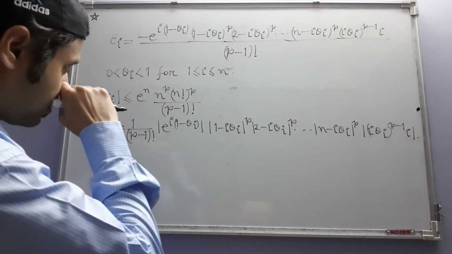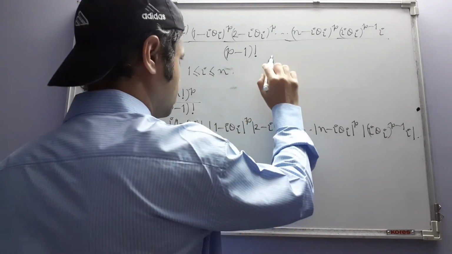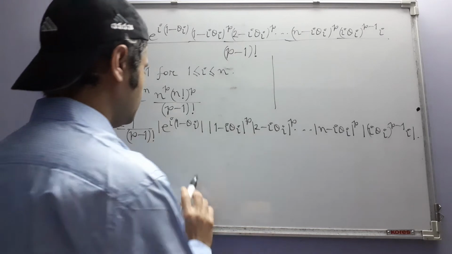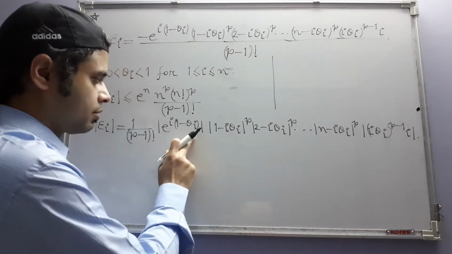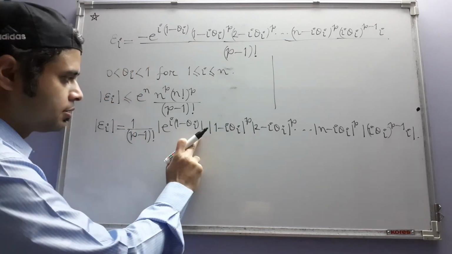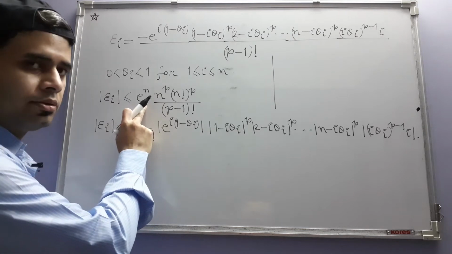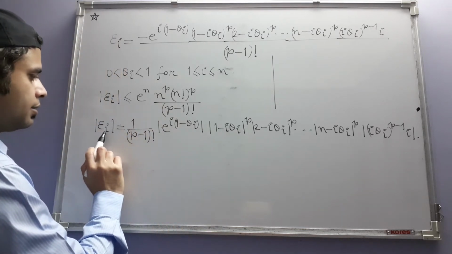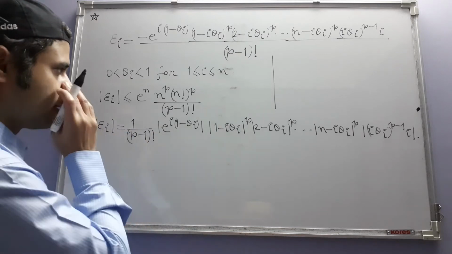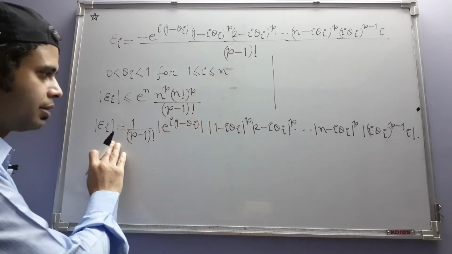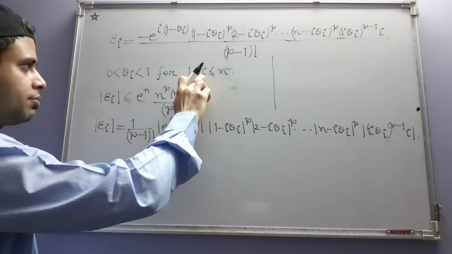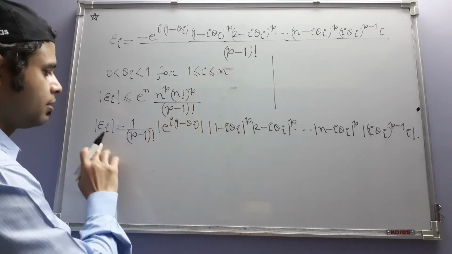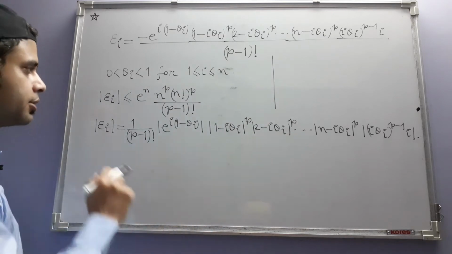Okay, now let us do some small calculations here. Let's first show that this is less than or equal to e to the power n. All of these things are after fixing some i. That is understood. We have considered some integer i in this range, and after that we are doing this calculation.